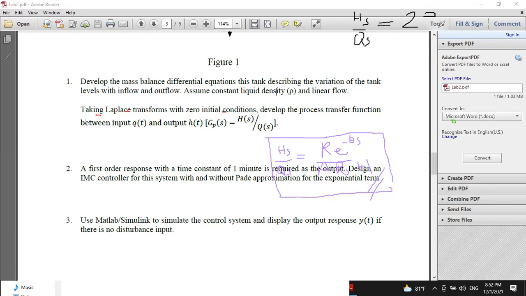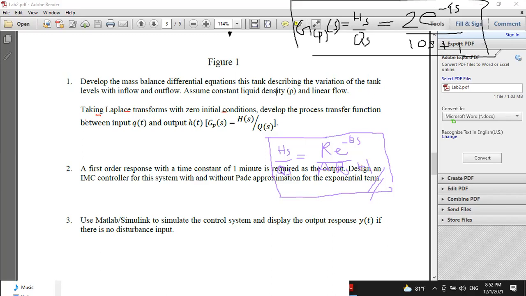So I said theta is 4, right? 4s divided by ns plus 1. So this is actually what you get for GPS, right? GP in the spatial domain or this domain, right?